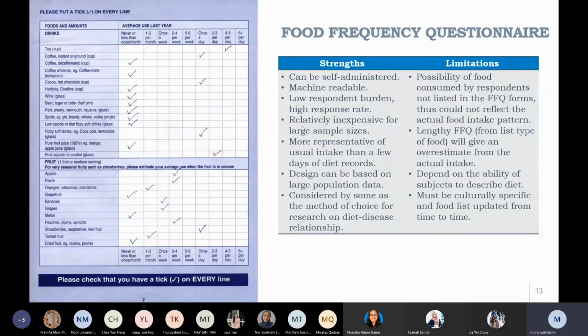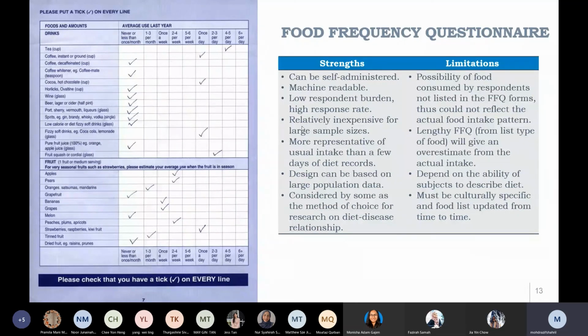If you ask even people like us, nutritionists or dietitians, we cannot actually recall the frequency of intake per week or per month or per day accurately, unless our diet is very specific or very structured, which is not true most of the time. So we tend to try new foods.